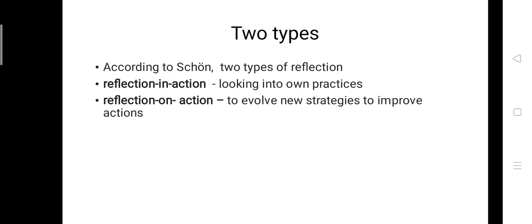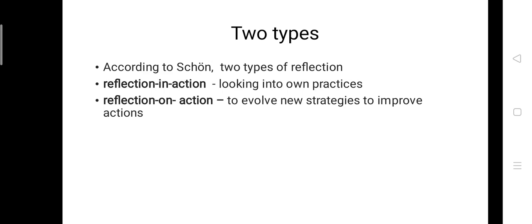When we are teaching, we already discussed that. So reflection of our own strategies, our own actions, our own examples, illustrations, our own way of asking questions, all those things come in that reflection in action. So we are looking into our own actions or our own practices.